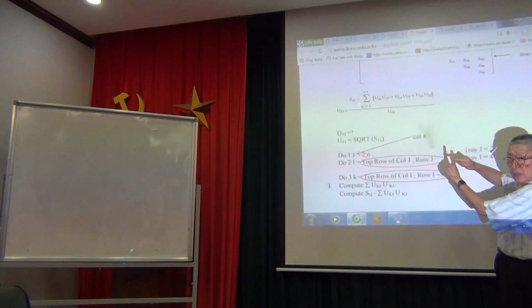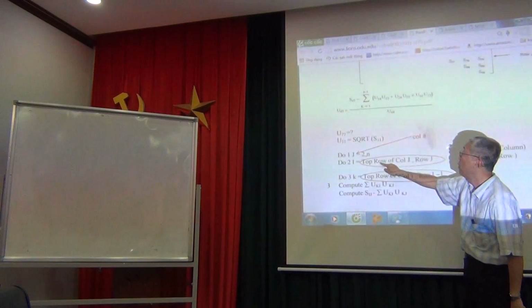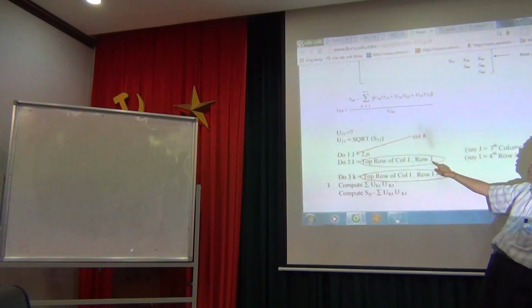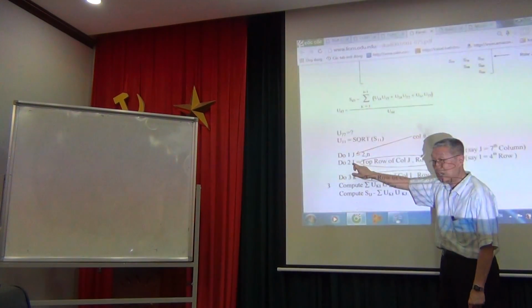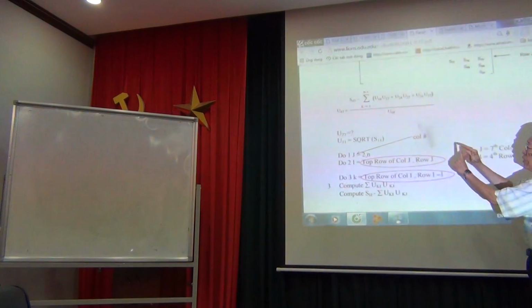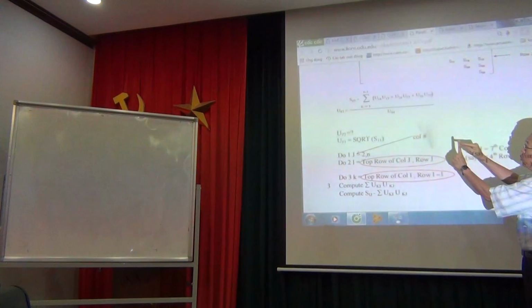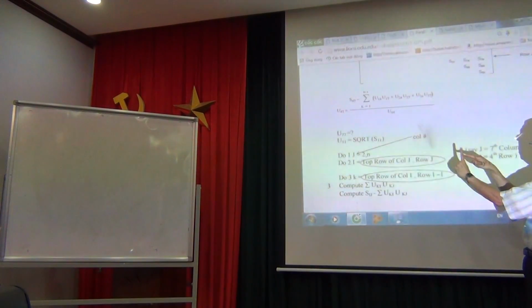You have a lot of unknowns, and that's why you have the second loop, going from 1 to 7. Among the unknowns, we just pick a typical one, like U47.